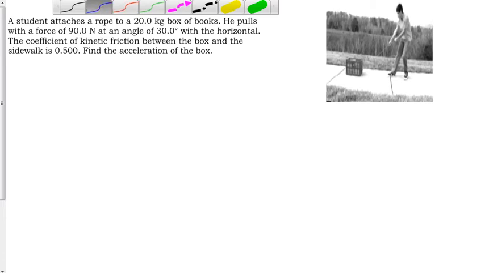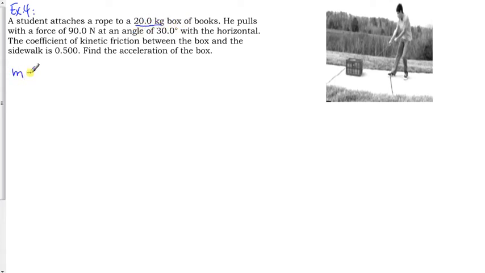Example 4. A student attaches a rope to a 20 kilogram box. So this is the mass of the box, a 20 kilogram box of books. He pulls with a force of 90 Newton at an angle of 30 degrees with the horizontal.